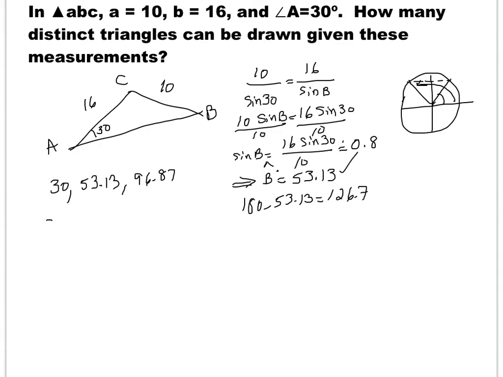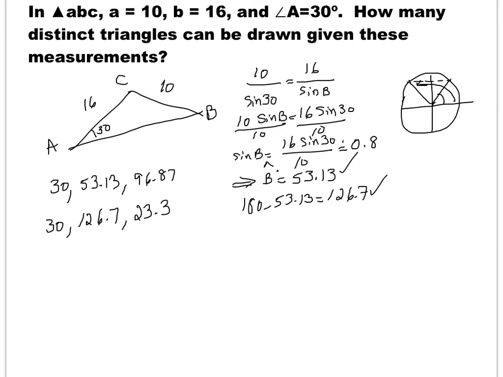The other possibility is angle A is 30, but angle B is 126.7. If you subtract the sum of 30 and 126.7 from 180, we get 23.3. And this is possible too. So in this case, we have two triangles.